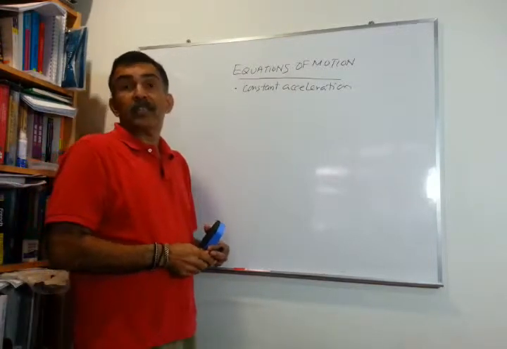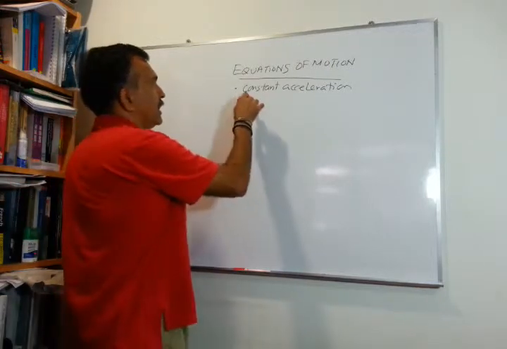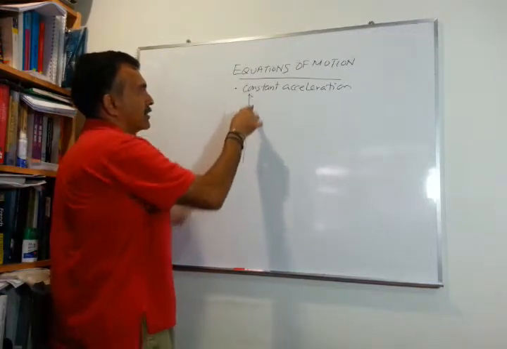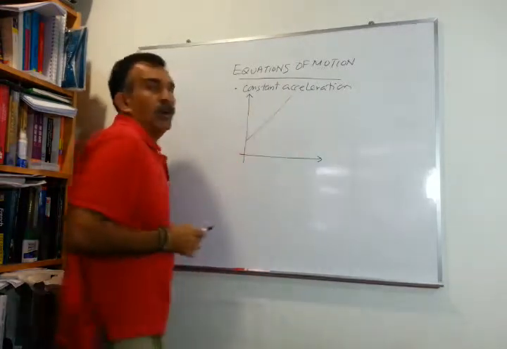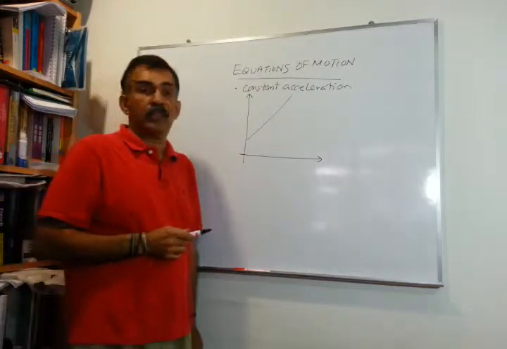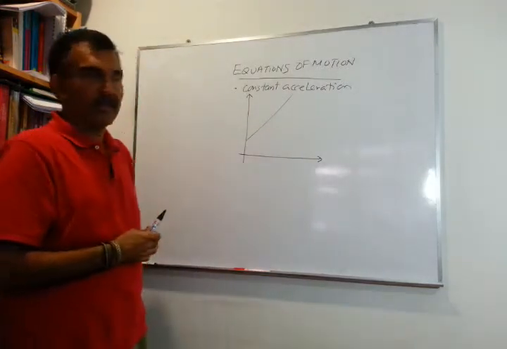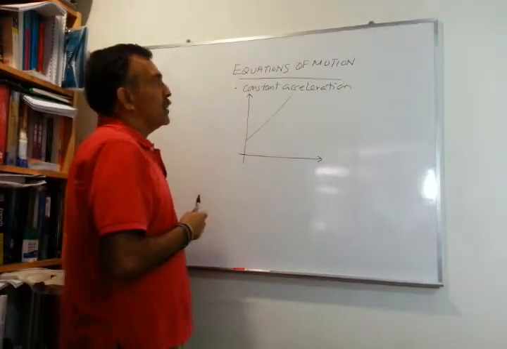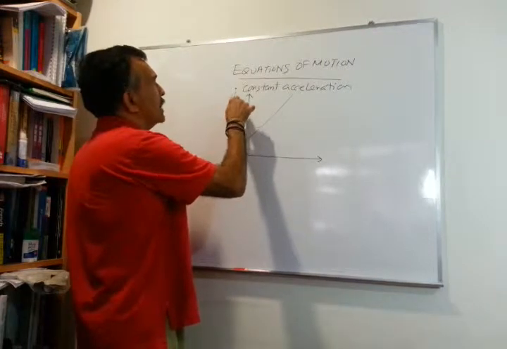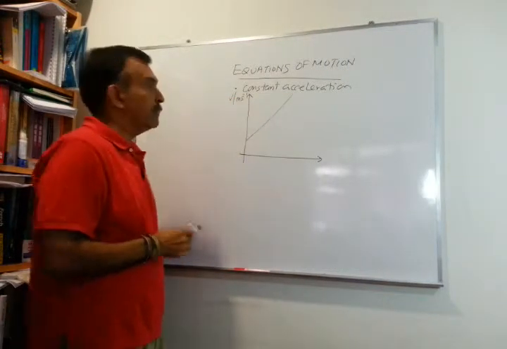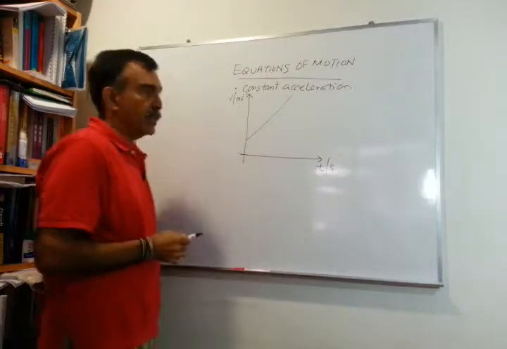So when you have uniform acceleration, we can draw our velocity time graph. It will look something like this. Okay, so we will develop all the formulas based on a simple graph like this. When you deal with constant acceleration, we have v here, meter per second, and we have t here, our time axis, in second.